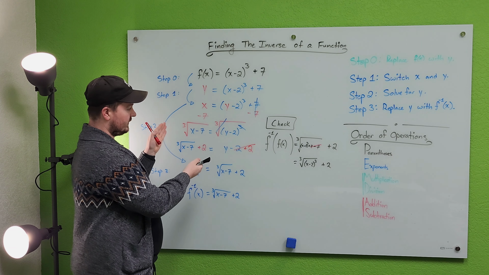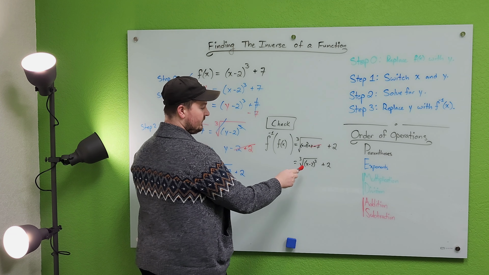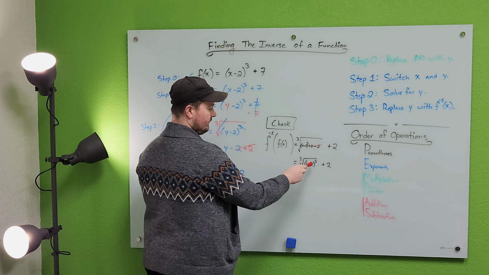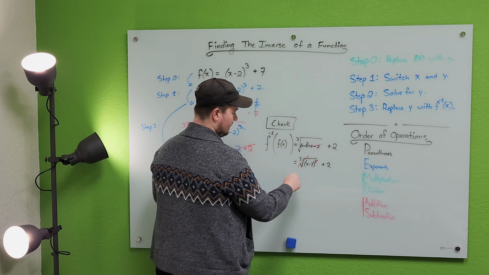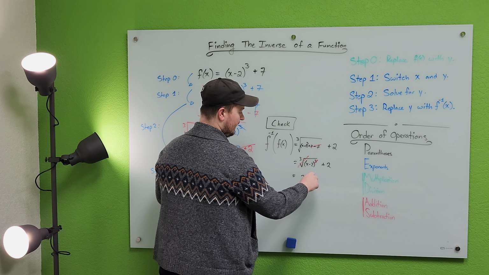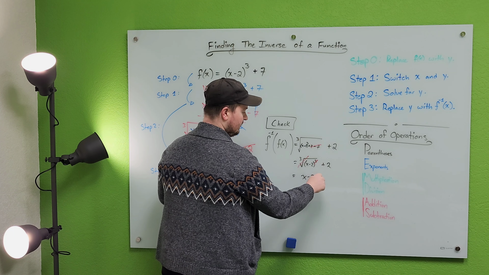And as we saw over here, if you have a cube root and something being cubed, these cancel each other. So now all that's left is x minus 2 plus 2. And then if you add 2 and you subtract 2, that cancels. And all that's left for our final answer is x.